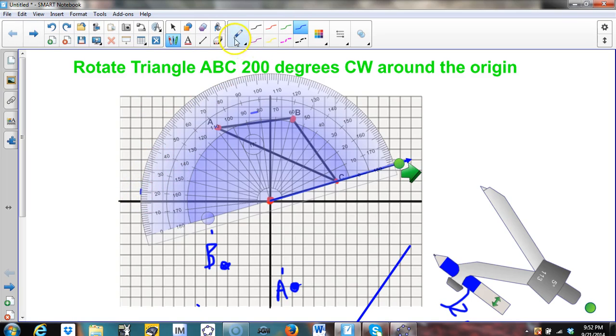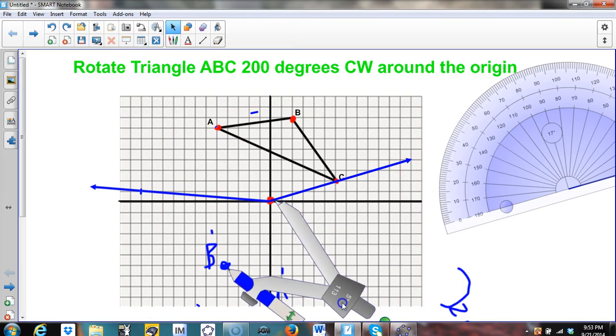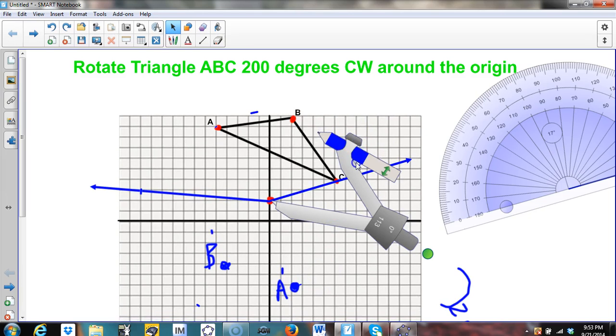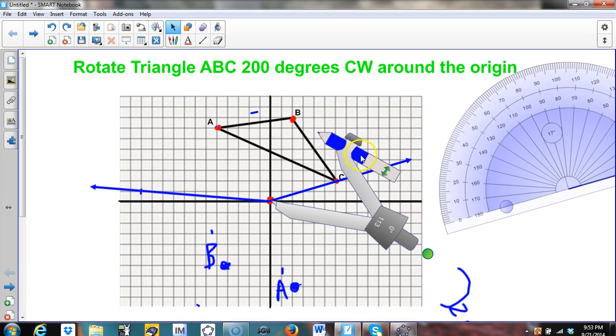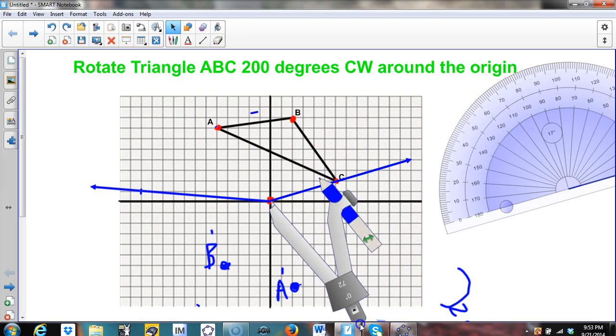Okay, so there's 160, and now I know where my second ray is going to go to do my angle of 160 degrees. It's going to go through this point right here, so that's 160 degrees. C is going to be somewhere on that line. Now I'm going to use my compass one more time, and now I just have to get the radius for C.